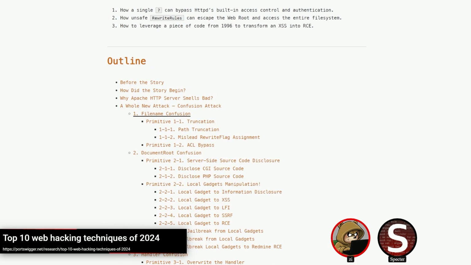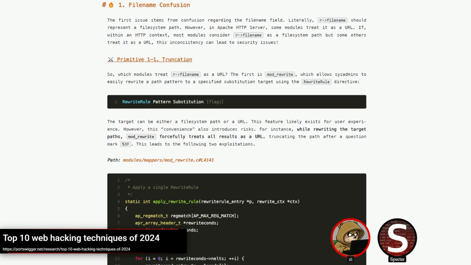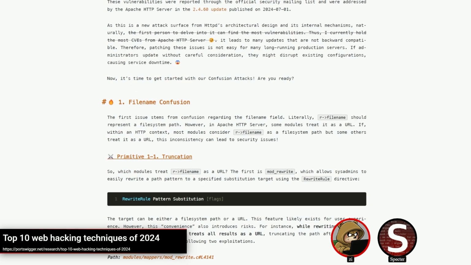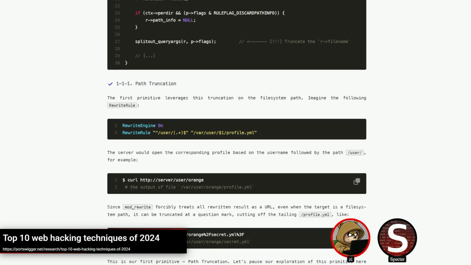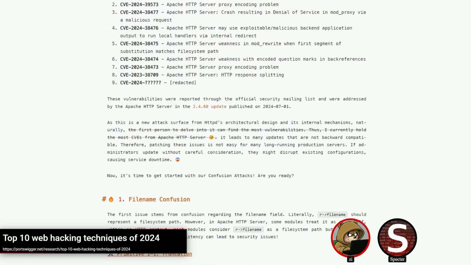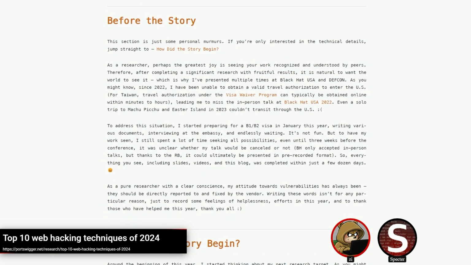It goes through different semantic confusions. It starts with the question of, if you have this rule in your Apache server, what files are going to be accessed? In the example case, it accesses two different files and has some unexpected behavior. Good read, pretty deep.